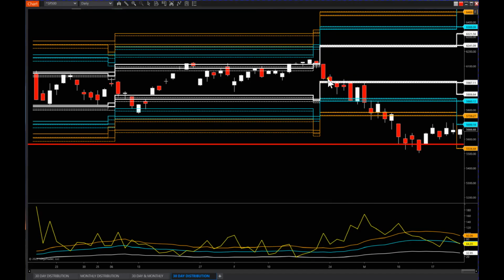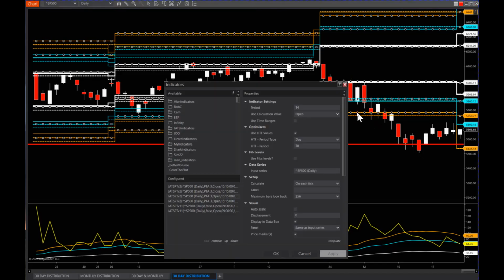Now we're below the 30-day one, moving out, and we can run our tails below the distributions to catch turns, fib levels. So here's the 30-day 14 period, and here's the 30-day one on the open, and then here's, I don't want the open, let me do the close.